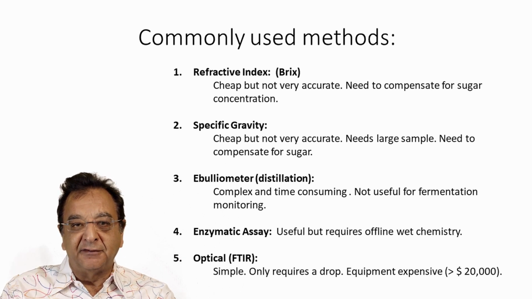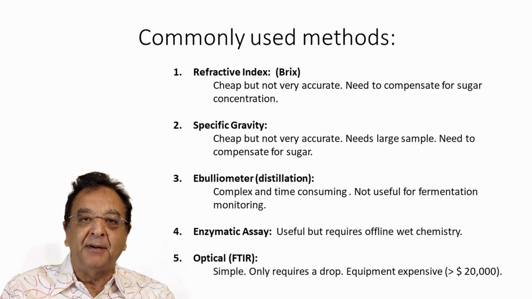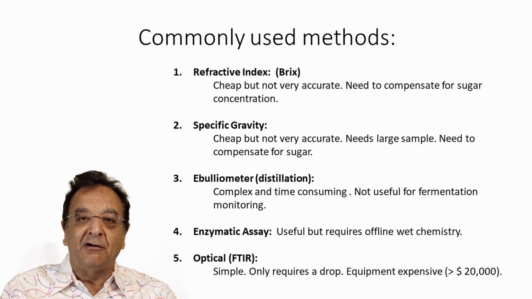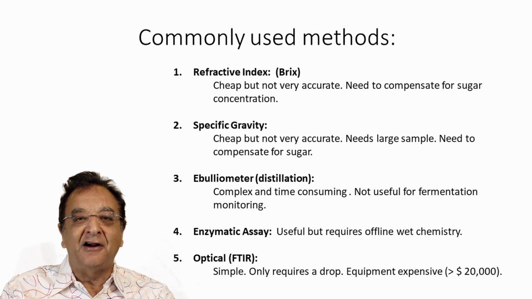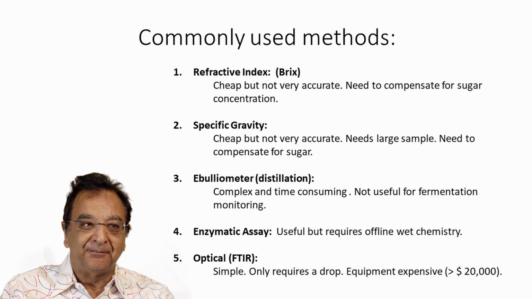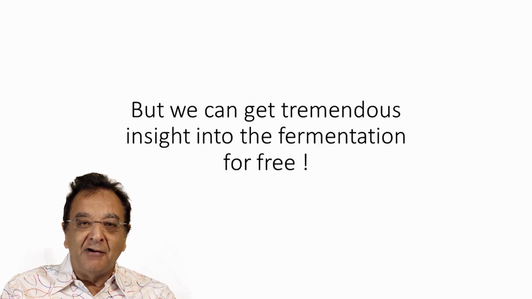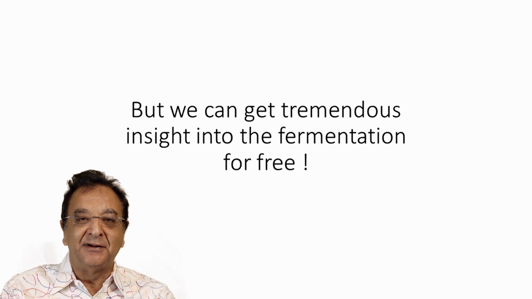And then there are optical devices which use infrared spectra to estimate the alcohol. These are wonderful, but they cost at least $20,000 and are out of the range of most small wineries and small winemakers.